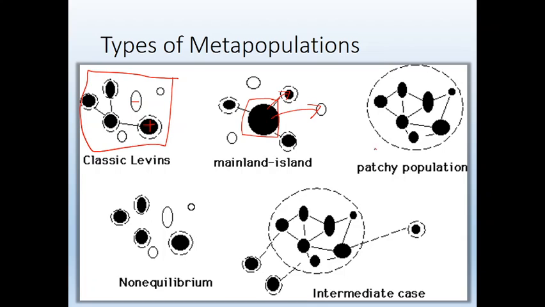Now, another mathematical model has to do with a patchy population. This is essentially just one big area, and in that area you have specific patches or specific populations that aren't necessarily like islands, because there's easy movement between them.